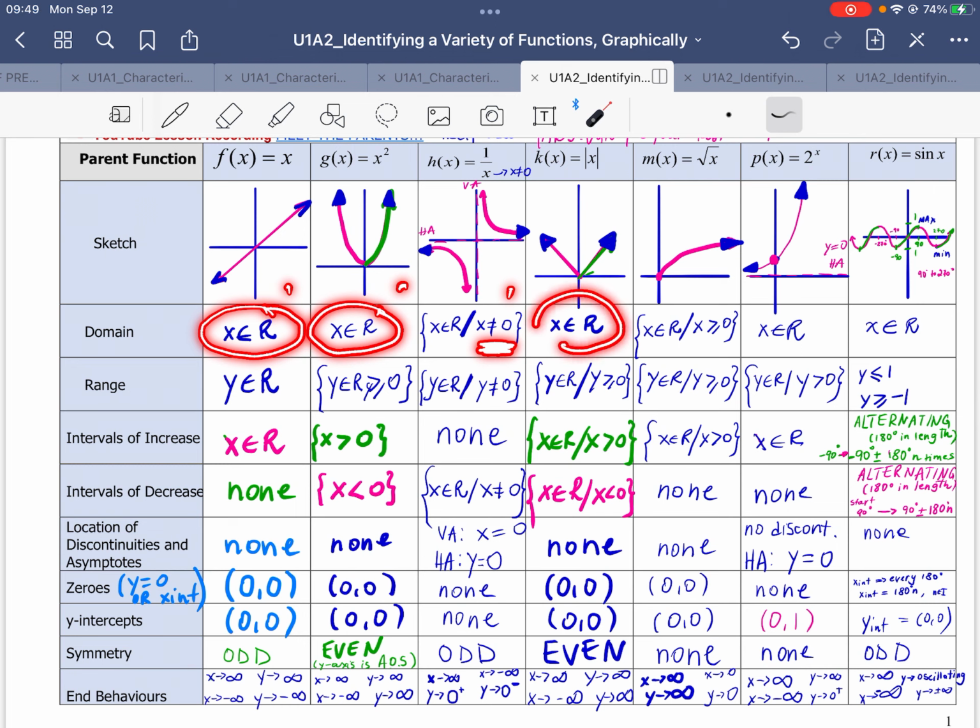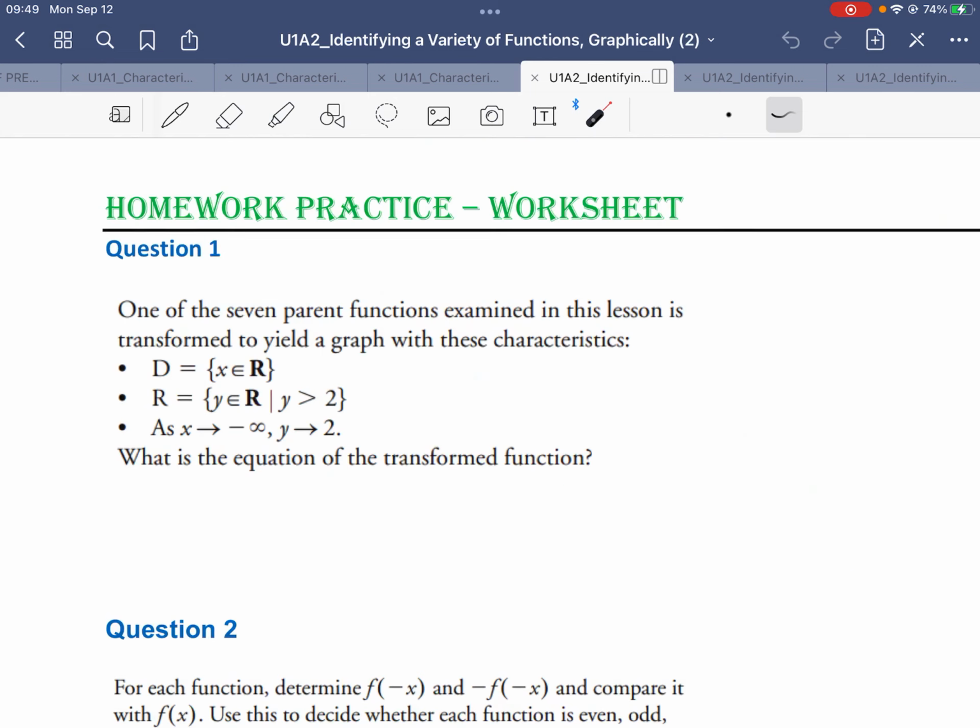But it can be an absolute value function, not a square root because x has to be bigger than or equal to 0, but it can be an exponential function or sine function. So based on this chart, the domain is any real number x only in linear, quadratic, absolute value, exponential, and trigonometric functions.